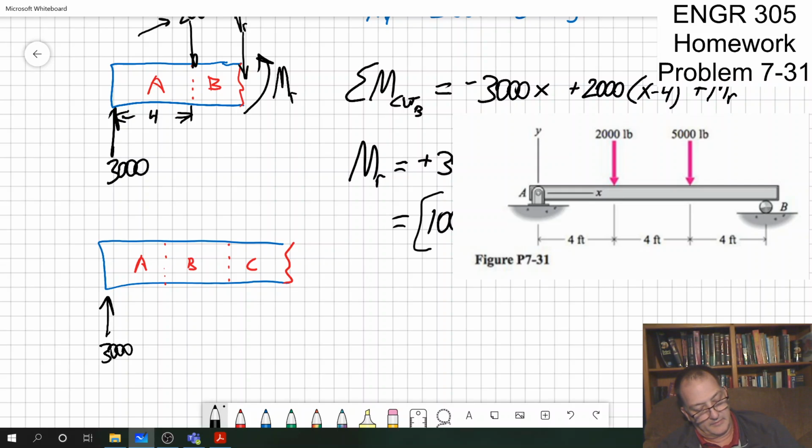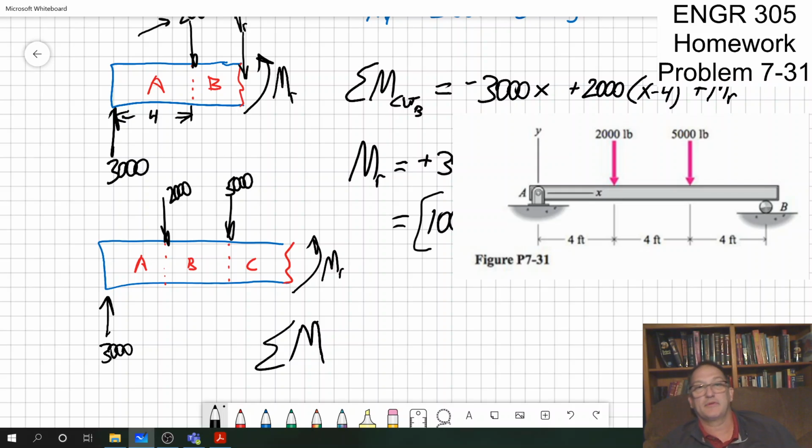3,000, 2,000, 5,000, MR. Sum of the moments, see, I almost wrote sum of the forces. Sum of the moments about the cut equal to 0, equal to 3,000, but I got the sign wrong.